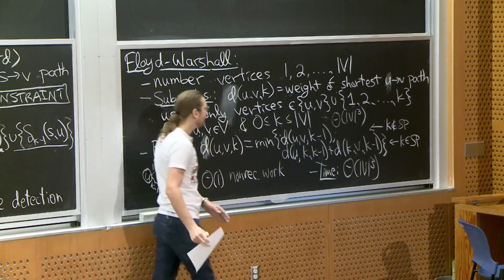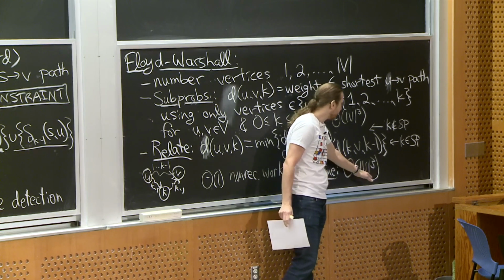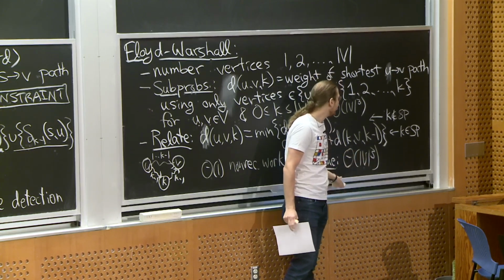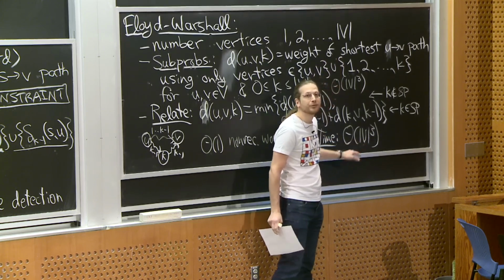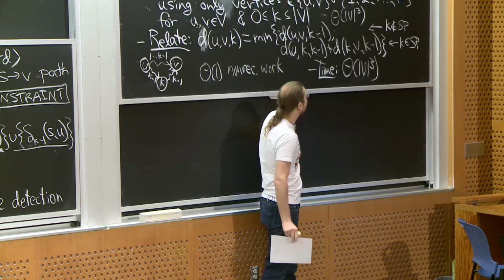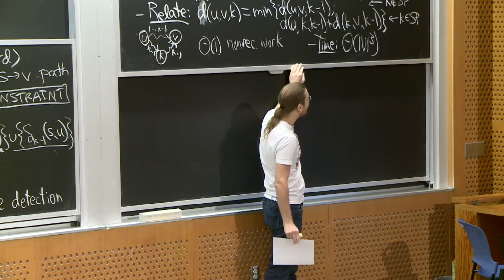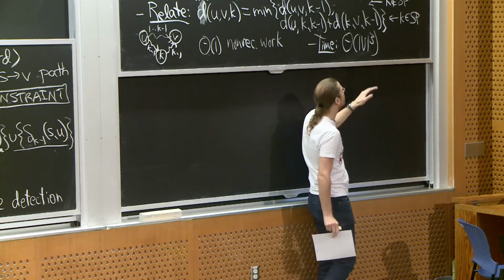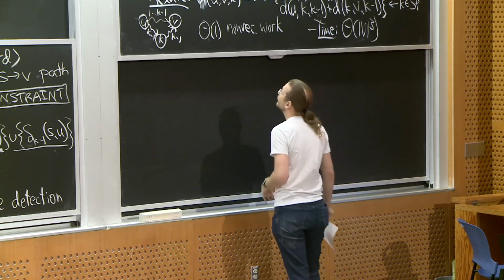This is when e is v squared, then this is the same thing as v times e, so as good as Bellman-Ford. It's not as good as Johnson for sparse graphs. Remember, in general with Johnson, we got v squared log v plus ve. And this is always spending v cubed. But it's cool because it's a very simple algorithm.